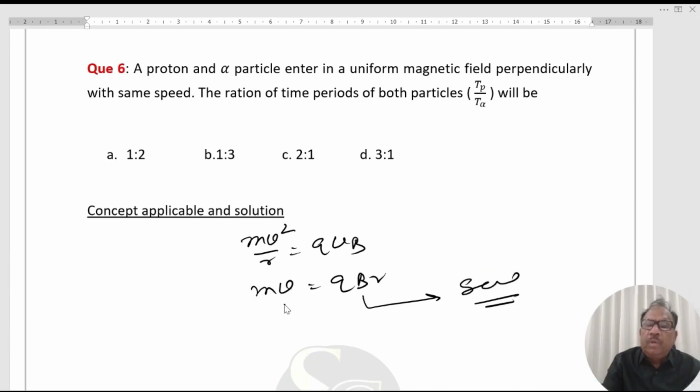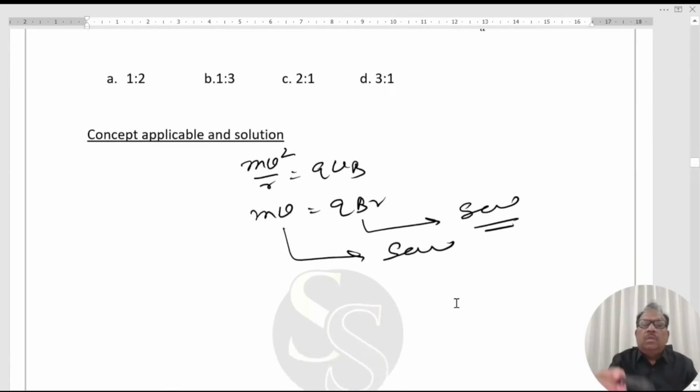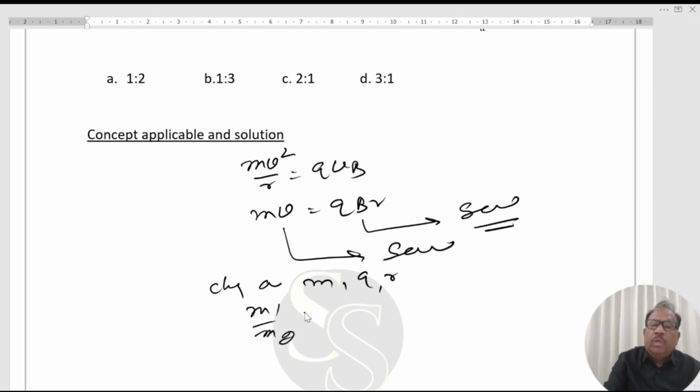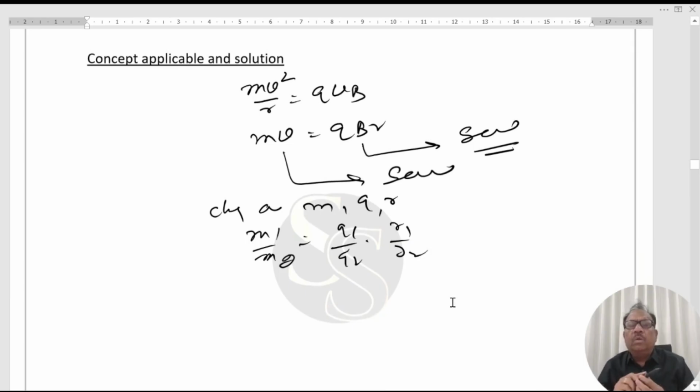Changing are mass, Q and R. Make the ratios: M1 over M2 equal to Q1 over Q2 into R1 over R2. In this case, indirectly the answer will be found.